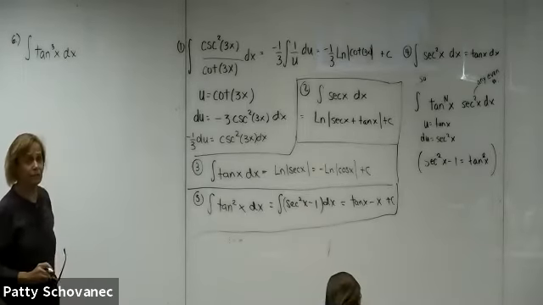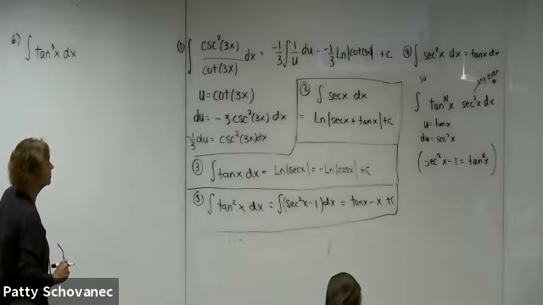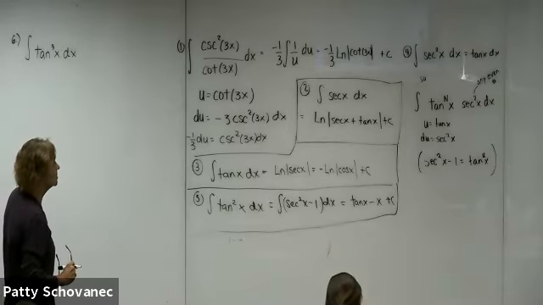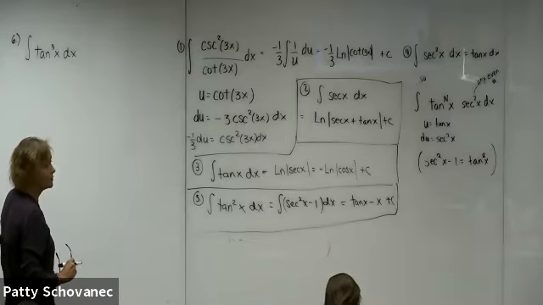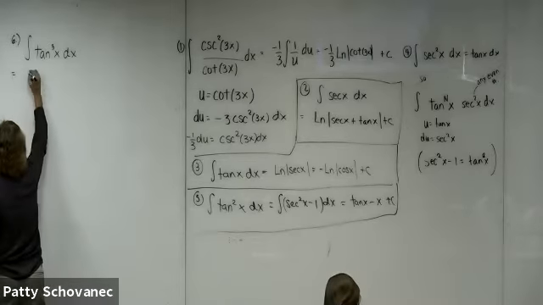Think about a tangent cubed of x. So you would still take u to be tan x because if secant to the 0, does that still count as an even power? Right, but we need to position ourselves with the secant squared over there somehow. Right, that is a tangent squared times a tangent.